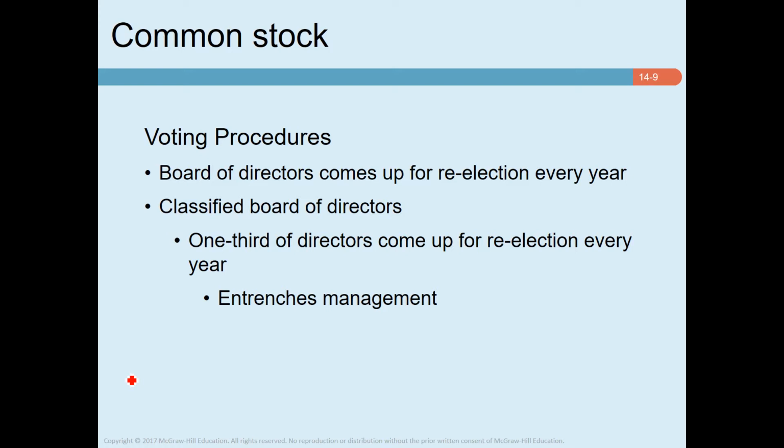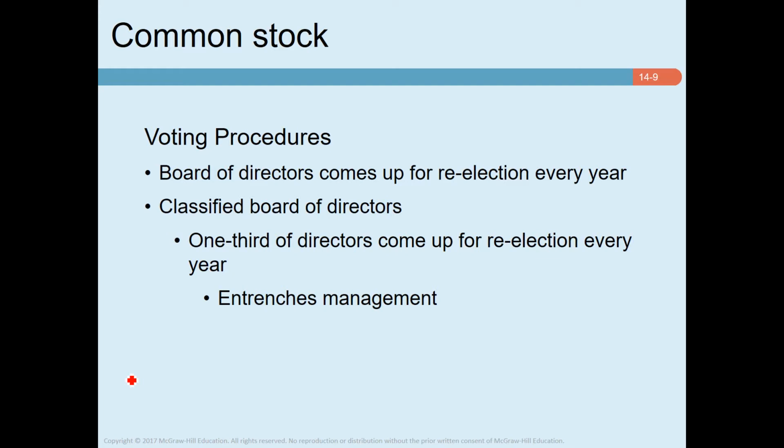Now, with regard to voting rights, in most companies, stockholders elect directors by a system known as majority voting. In this case, each director is voted upon separately, and stockholders can cast one vote for each share that they own. If a company's articles permit cumulative voting, the directors are voted upon jointly, and stockholders can, if they wish, allot all their votes to just one candidate.